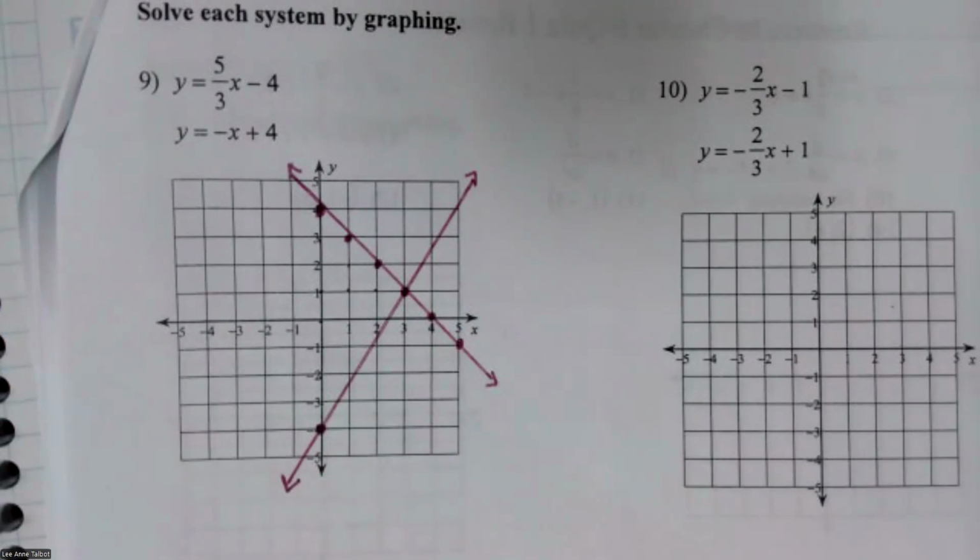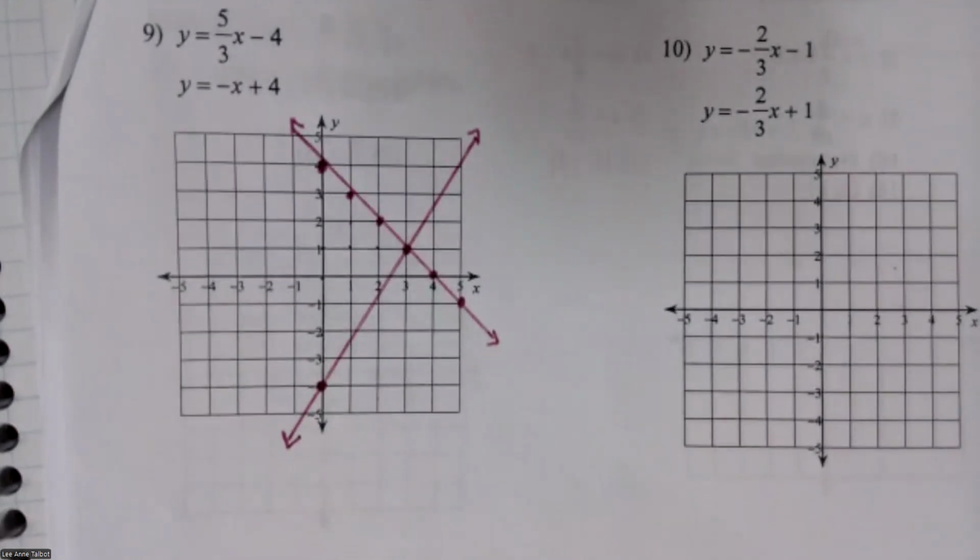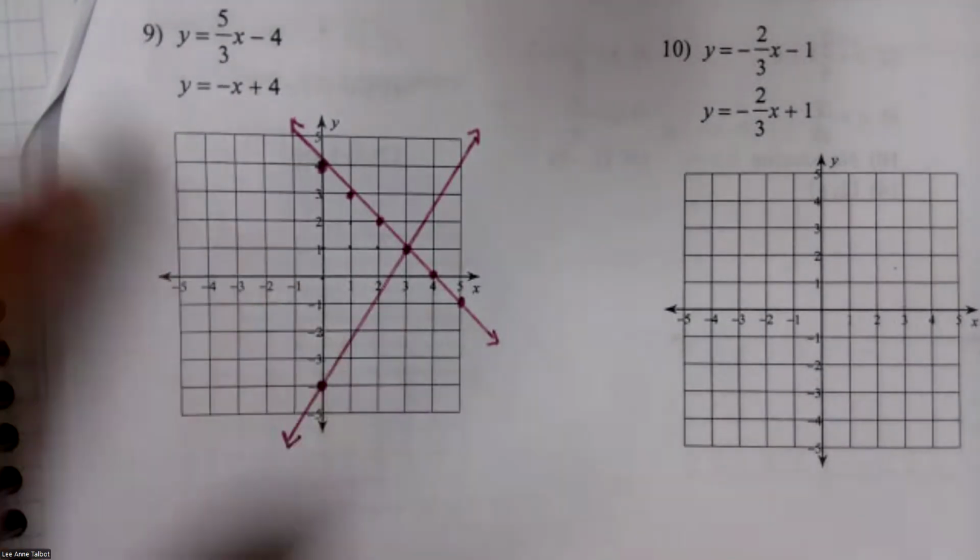Okay, now what type of answer do I put? This is not done. I did graph them, but I didn't solve it. What type of answer do I want? Coordinate, right?